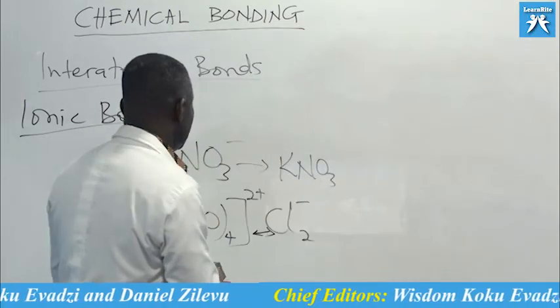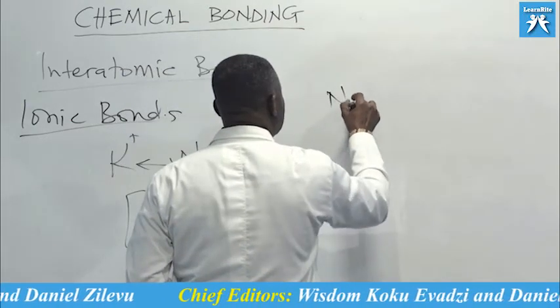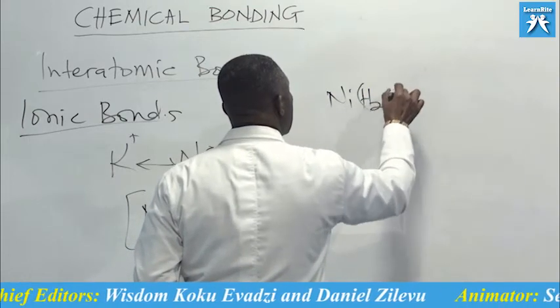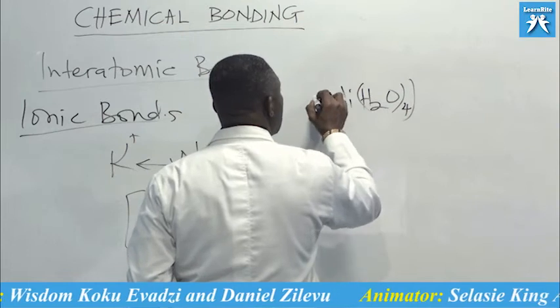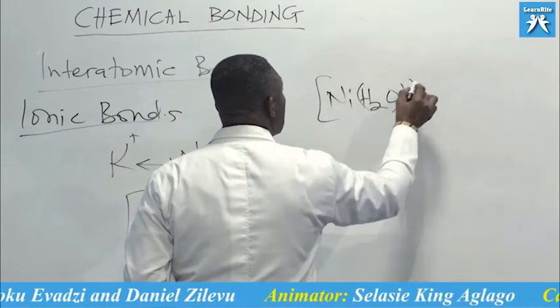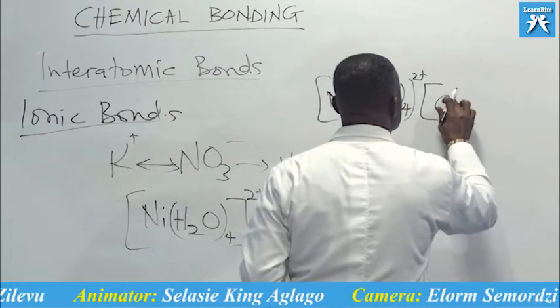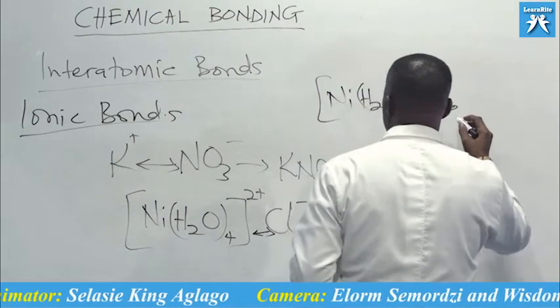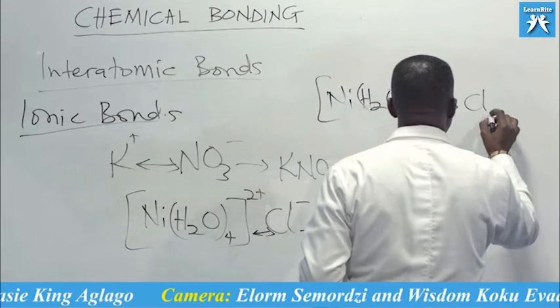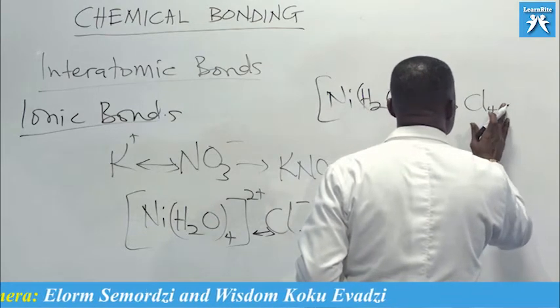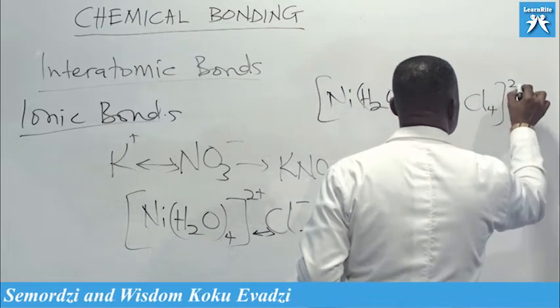Specific example is if I write that same thing, nickel, water, four, and this +2, I can give you cobalt, -2.